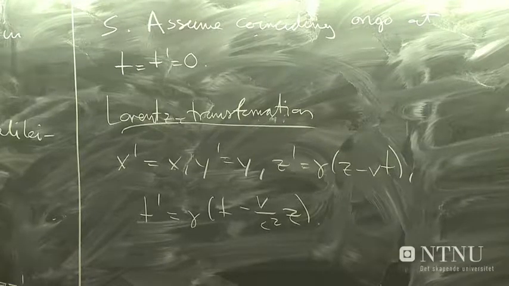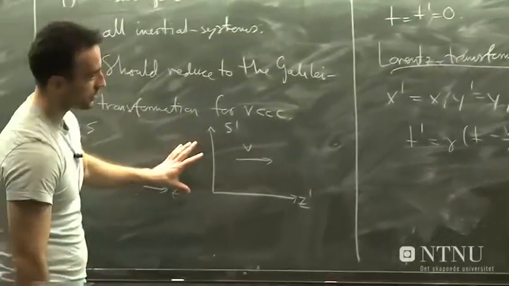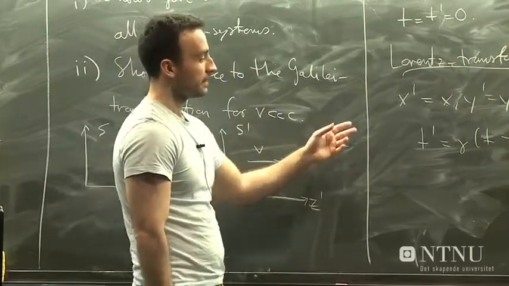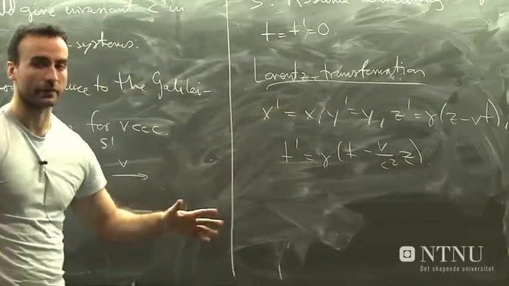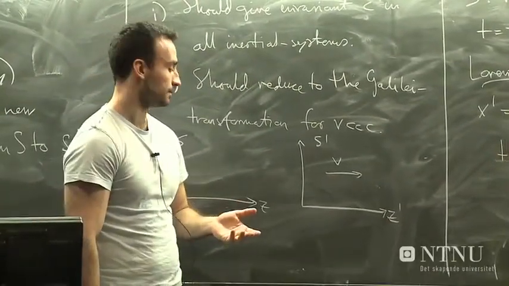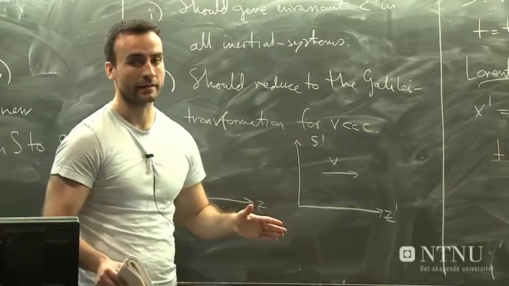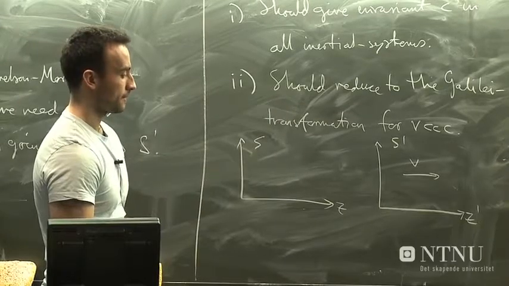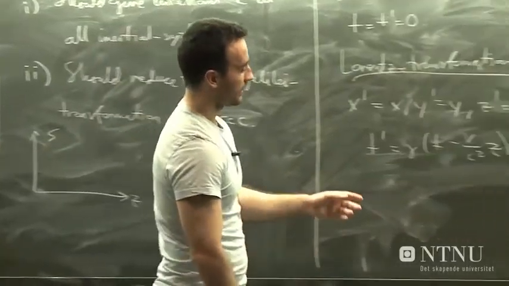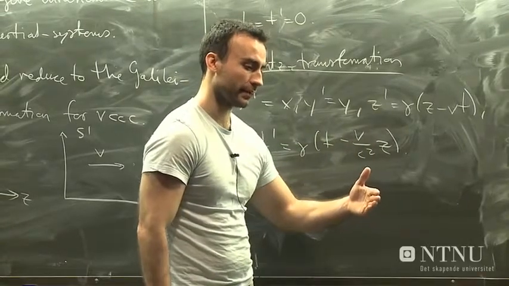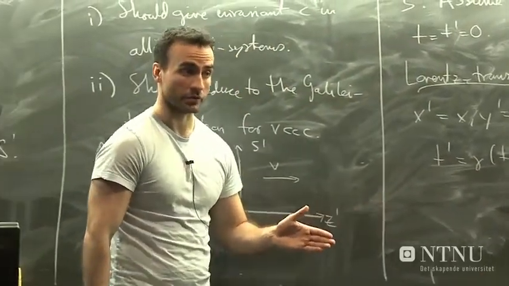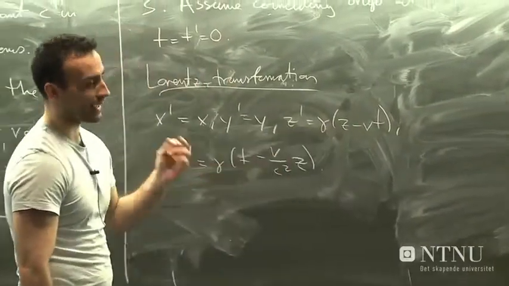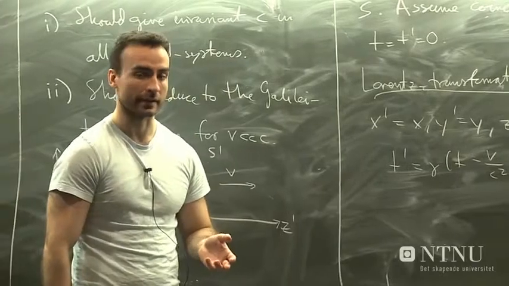So what this tells us is that when this coordinate system is moving with a velocity v along the z-axis, the two perpendicular axes remain unchanged. There is no transformation along the x or the y direction. However, the coordinate along the relative motion is transformed in the following way. And we see that there's an extra factor gamma compared to the Galilei transformation.